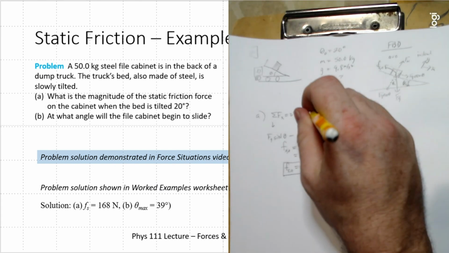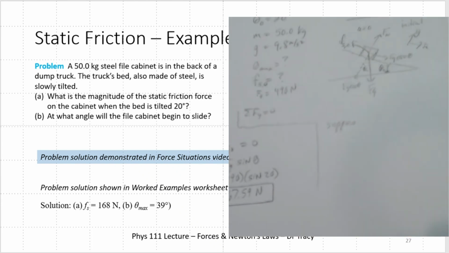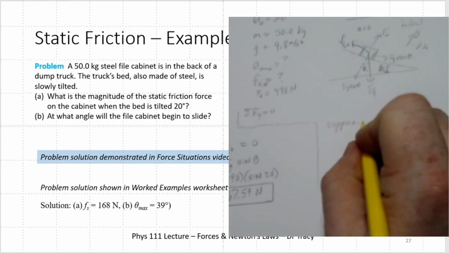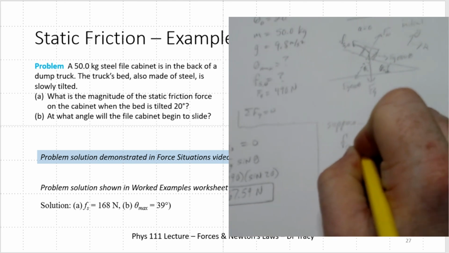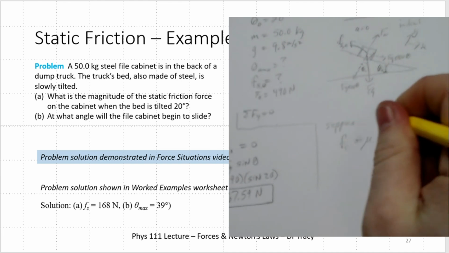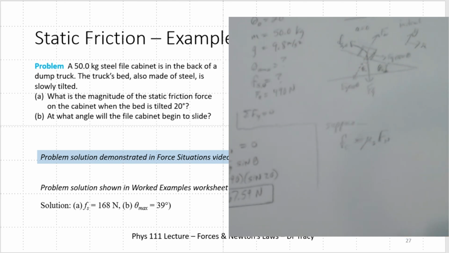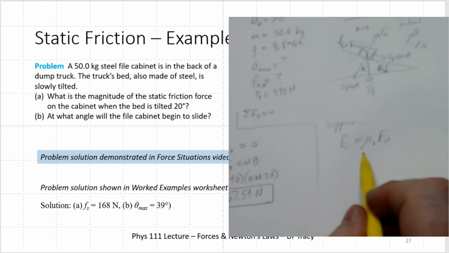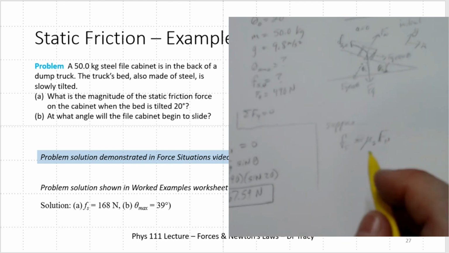Suppose you want to try it this way. If you start out using the definition of static friction, let's write this like this: mu sub s times the normal force. We can't use this. We're going to get a number that's too high. And the reason that we can't use this number is because this is the maximum value.